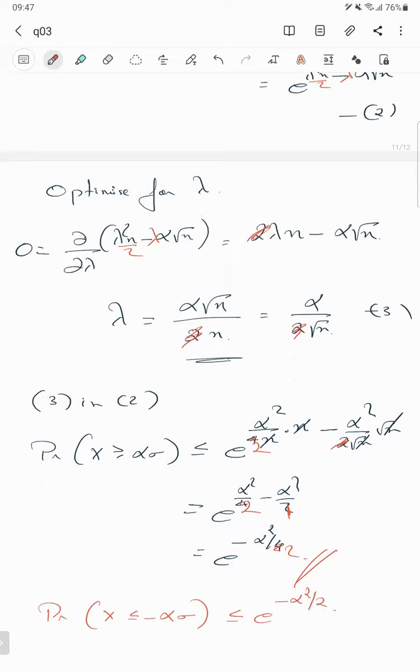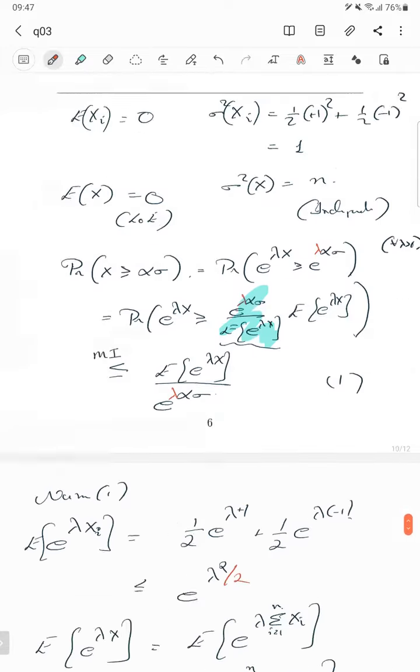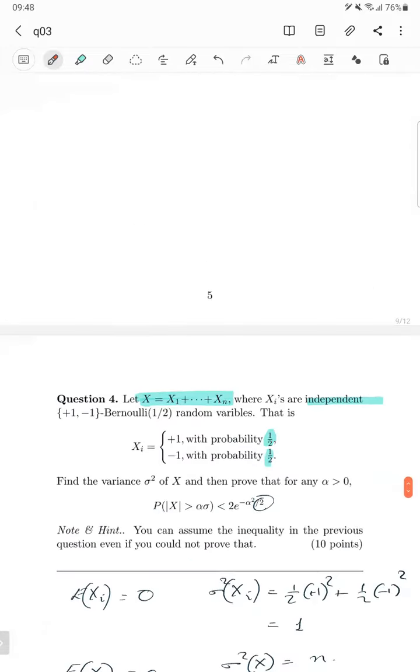Another reason that I had put in this bound is that you get a direct comparison with what Chebyshev would give you. Chebyshev in this case would have given x minus mu, but the mu here is 0, so it is the probability of x greater than alpha times sigma.